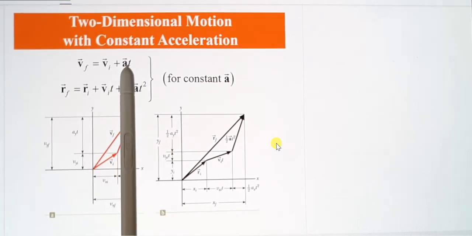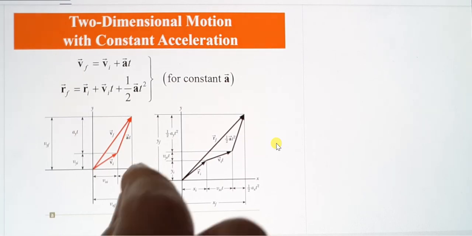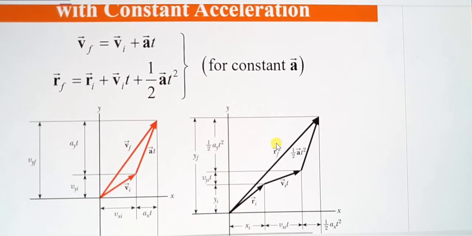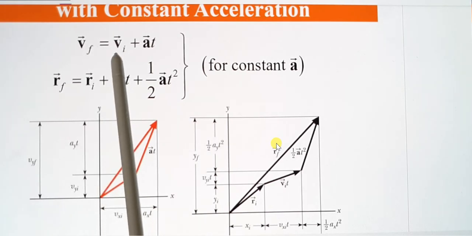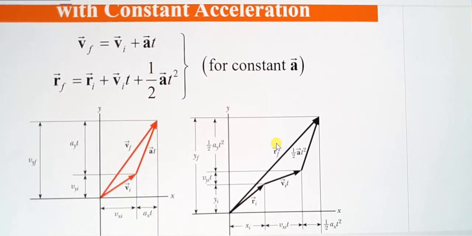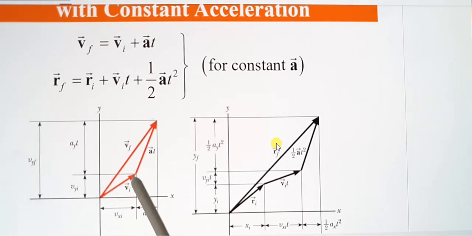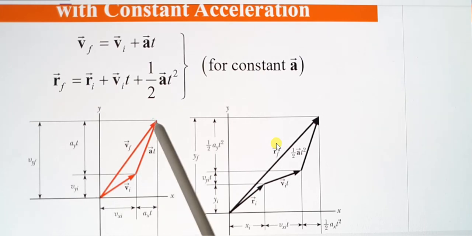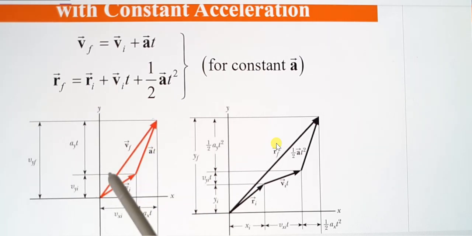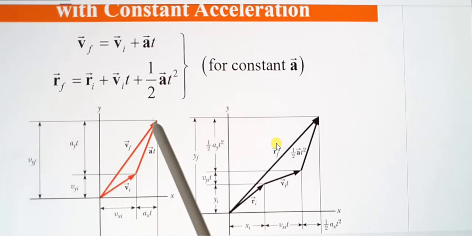Okay, let's try to understand this equation in terms of graphs. V final is equal to V initial plus AT. So this is V initial, and this is V final, the result. Pay attention, this is V initial, and this is AT, the second vector, and the result is from the first tail to the last head.